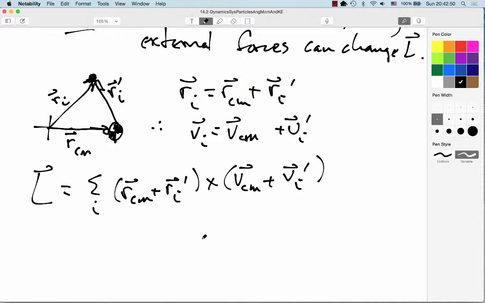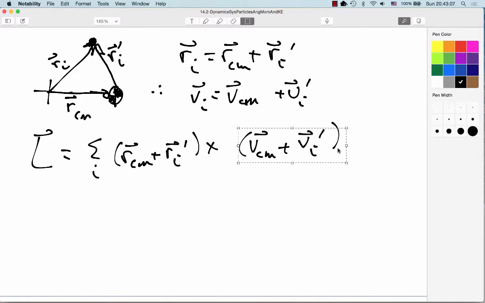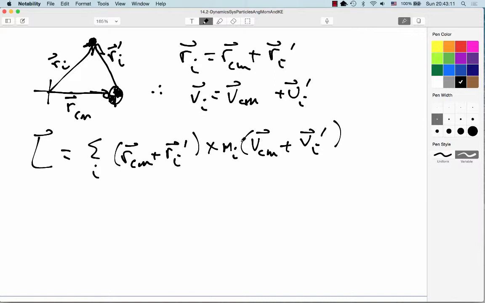All right, so we can distribute away. A little bit of FOIL action here will give us a total of four terms. Oops, I dropped my m_i. Much better.